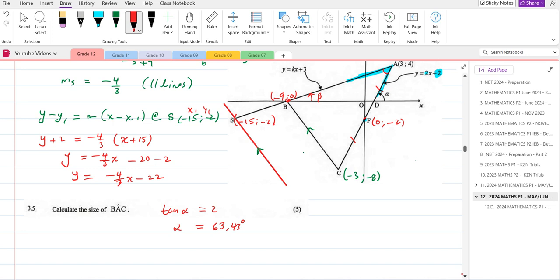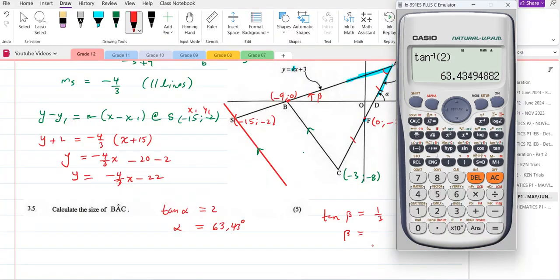It was 1/3. Remember the value of k. So tan beta is equal to 1/3. So beta equals tan inverse 1/3. What's the answer? We need to put 1/3 in here. Right, so I'm getting an answer of 18.43.